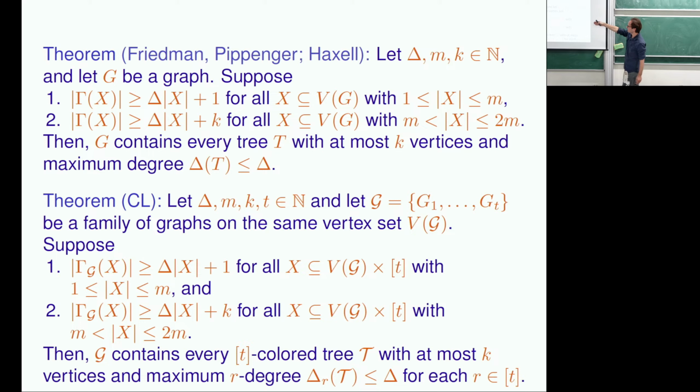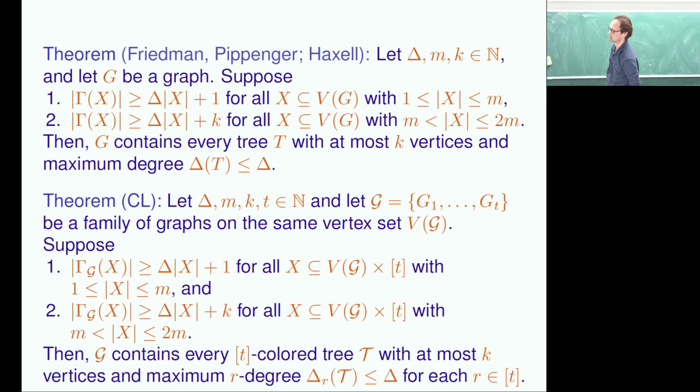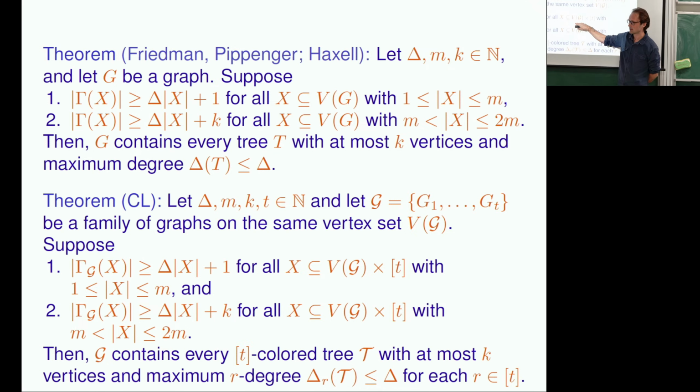Is it the same thing as considering the disjoint union of the graphs, where the set X collects copies of the same vertex and considers them at the same time? So X is a subset. Oh, it's a subset of the Cartesian product. So X itself is not a product.